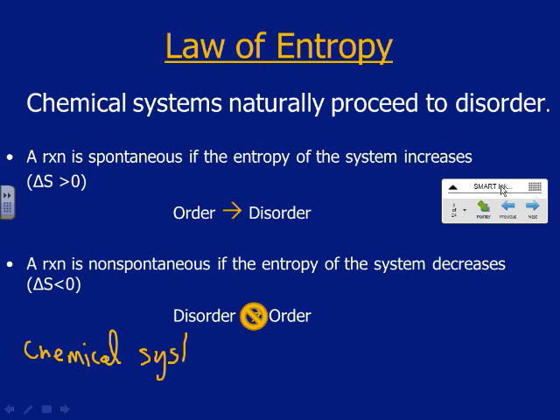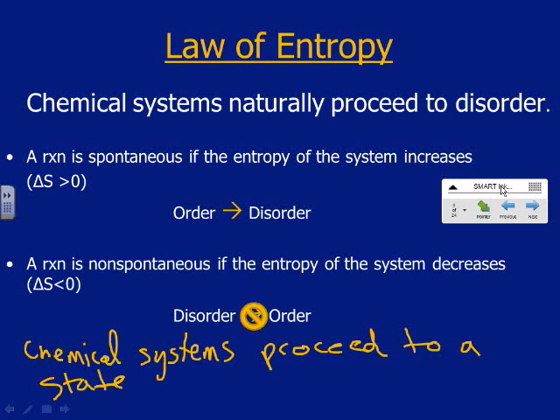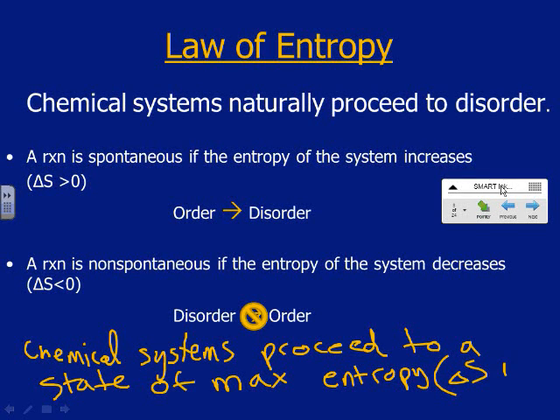Chemical systems proceed to a state of maximum entropy. All right? So if a chemical reaction can have a delta S that's positive, for some reason the universe likes that.